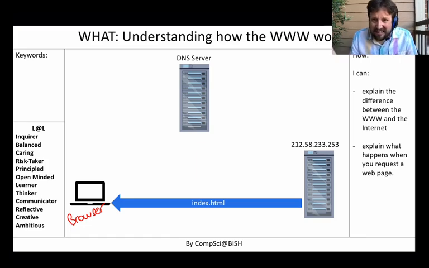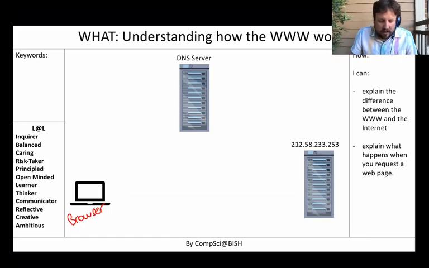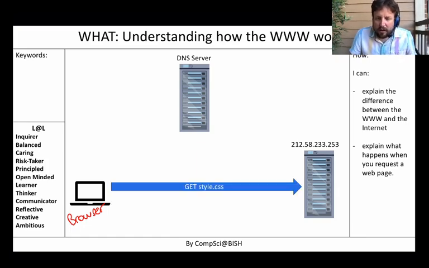As it does that, it's going to start issuing more GET requests. Again, we're going to talk more about this in a later video, but for example, one of the things that our index.html might contain is a link to a style sheet. So our browser is going to have to send another GET request to get that style sheet.